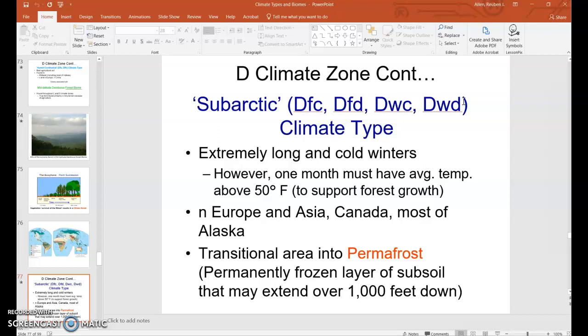Now, despite the colder conditions, at least one month must have a temperature that exceeds 50 degrees Fahrenheit. Otherwise, if you did not have at least one relatively warm month, then you would not have trees. You would not have forest growth. This particular climate type, subarctic, largely applies to large portions of Canada, Russia, Alaska.